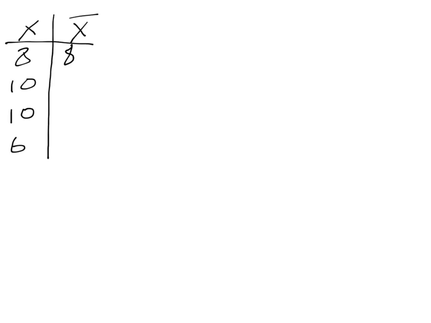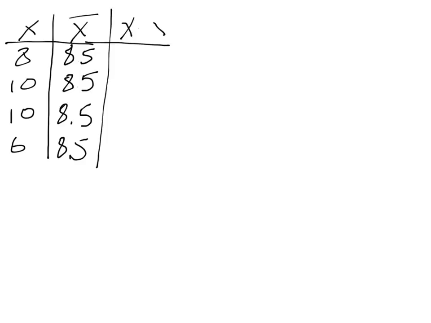So I need a set of differences for each of these, and I will set this up here. I will say x, each of our x's, x bar, and then the difference between these two.